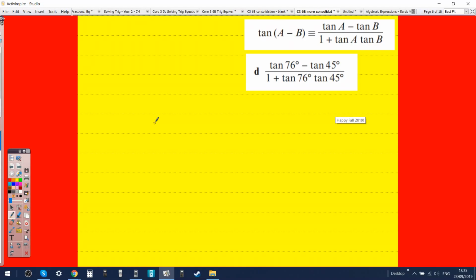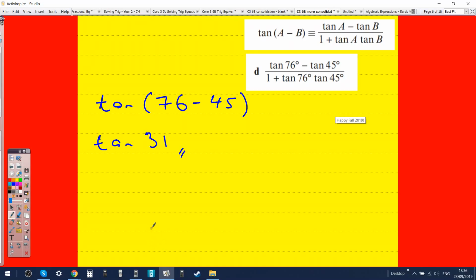Since this one literally shows it in your face, you can see that A is 76 and B is 45. So you just write tan 76 minus 45. And I suppose you could take it even further. What is 76 minus 45? 31. So it's tan 31.